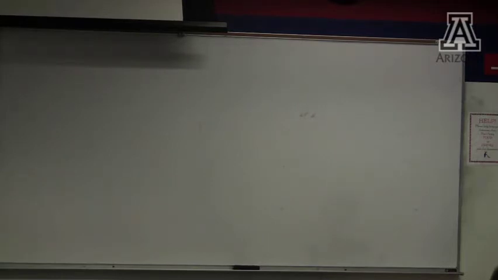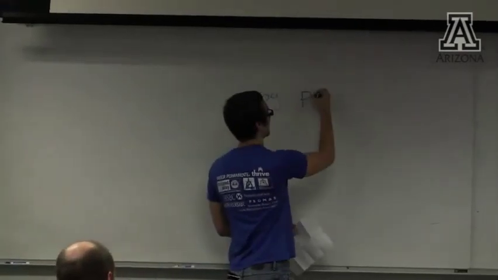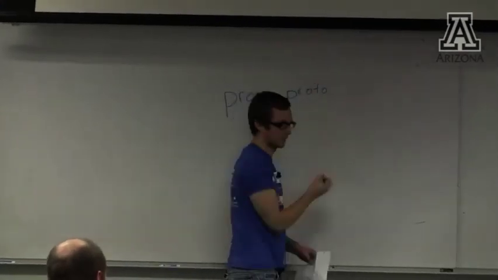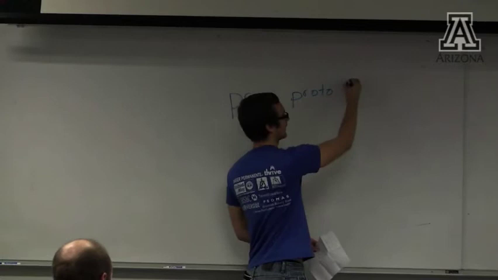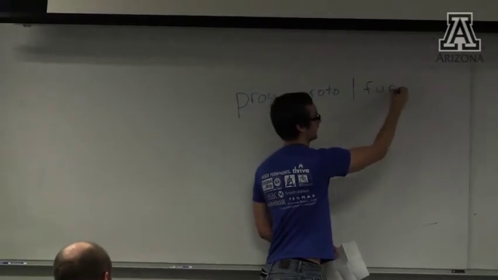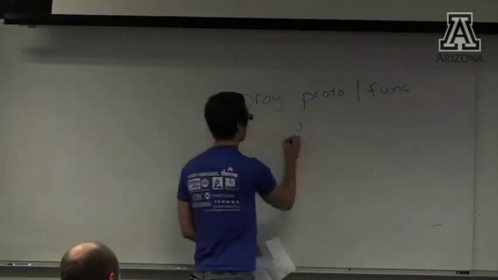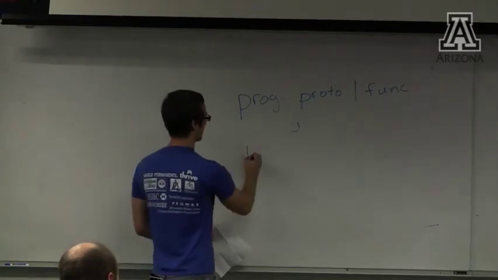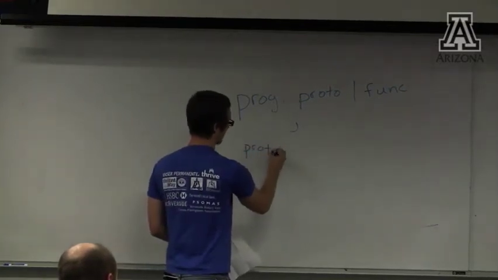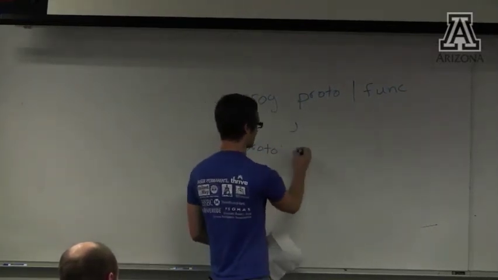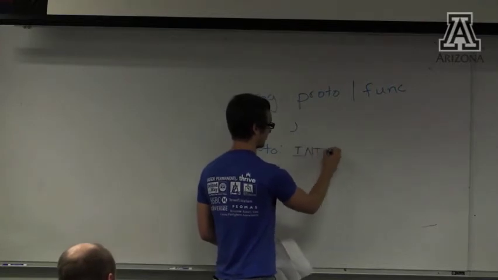So let's say you have a program of some sort, right? It has a proto, short for prototype because I'm lazy, or an actual function. And then you have a proto: is int id, right?